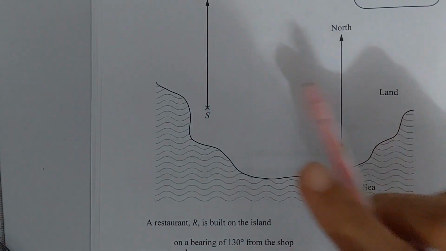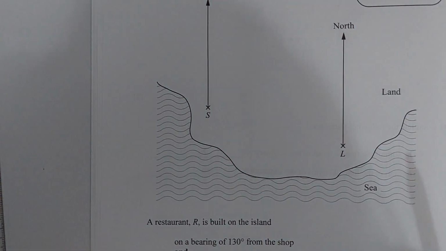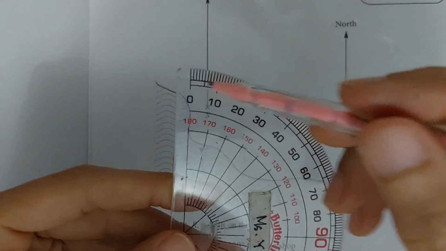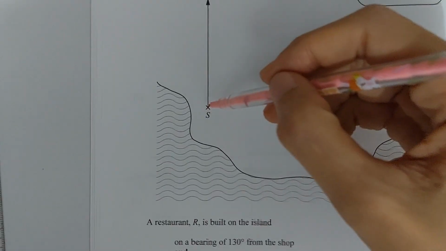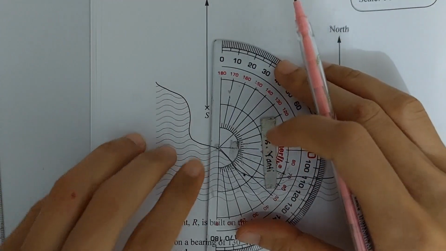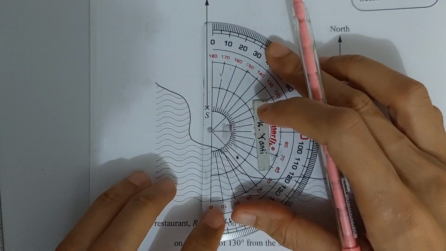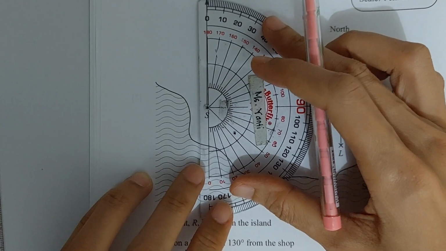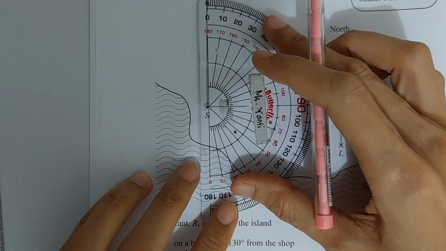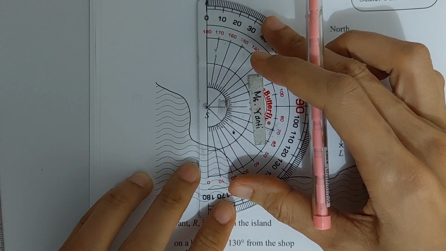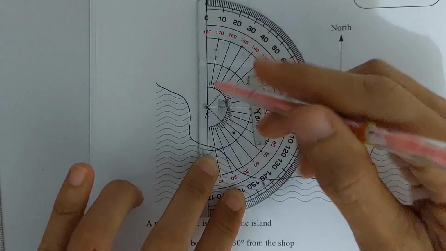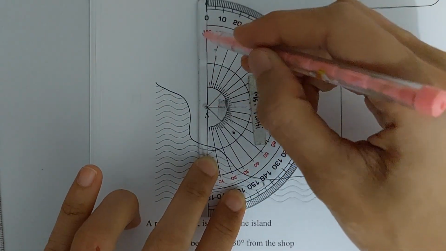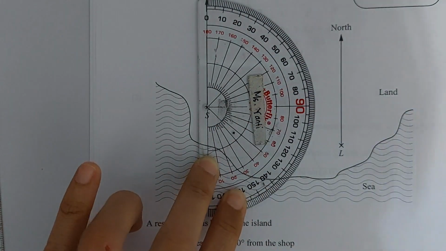So it means from here. Again, bearing, you measure the 130 from the north of the shop. So the center, I hope that you can see this one, I will put it on the point. And then the base of my protractor, I will align it to the north of the shop.